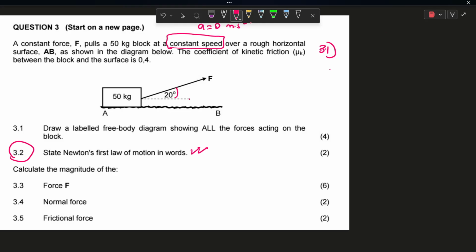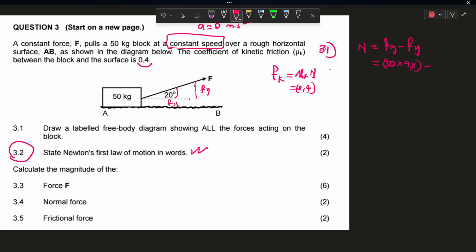Since I'm given the mu, I will start with the coefficient of kinetic friction. Fk is mu k multiplied by the normal, and mu is 0.4. What is the normal? Remember, here there is Fy and here there is Fx. The formula to calculate the normal, in this case, is Fg minus Fy. It's not mg, which is 50 times 9.8.